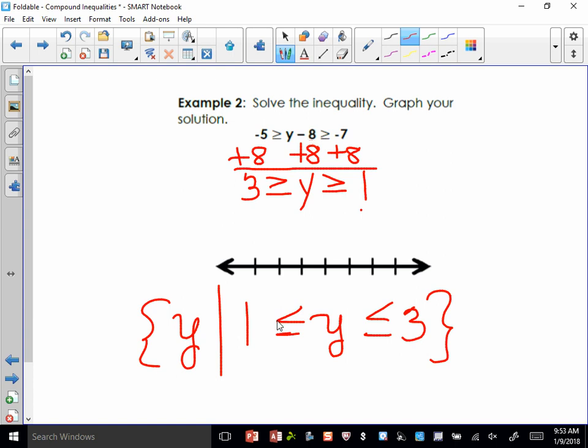You can just indicate where 0 is, and then put 1 and 3, and then we put a closed dot on 1, a closed dot on 3, and we basically just shade it in between. So the solution is between 1 and 3. Take a look and see if you have any questions on how I solved both inequalities at the same time, because it's a compound inequality.